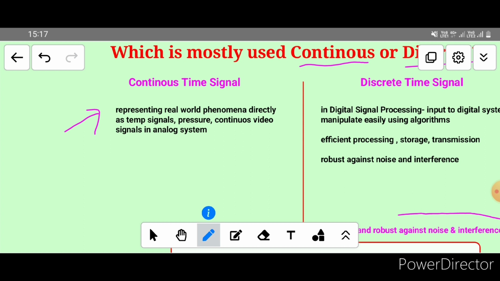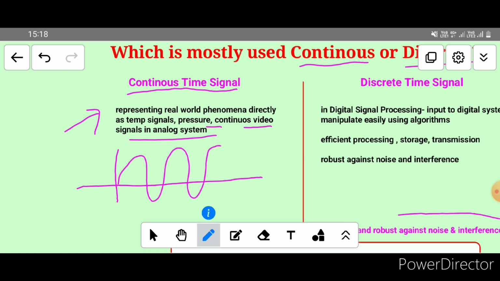Like we discussed in our last lecture about the voltage signal and the speed signal, these are real world physical signals. The continuous time signals are used to represent directly the temperature signal, pressure signal, continuous video signal, kinds of signals where there are variations continuously in the time domain.